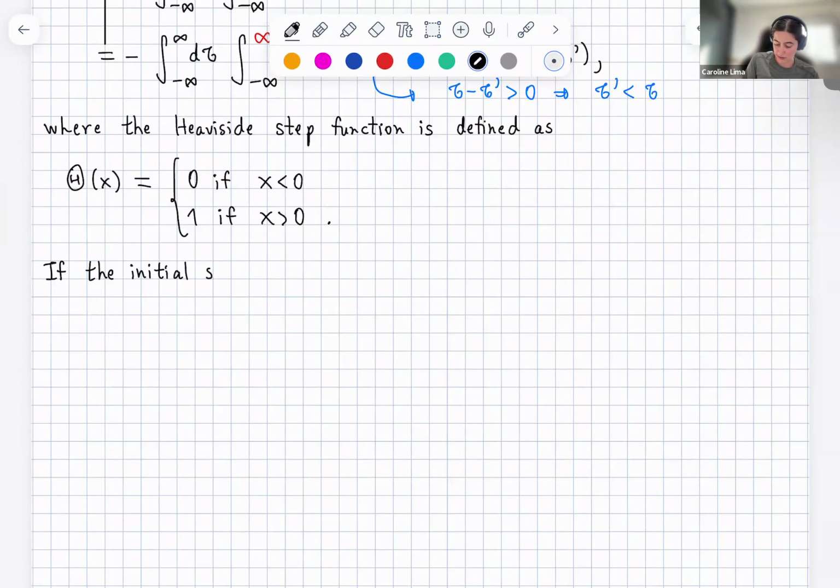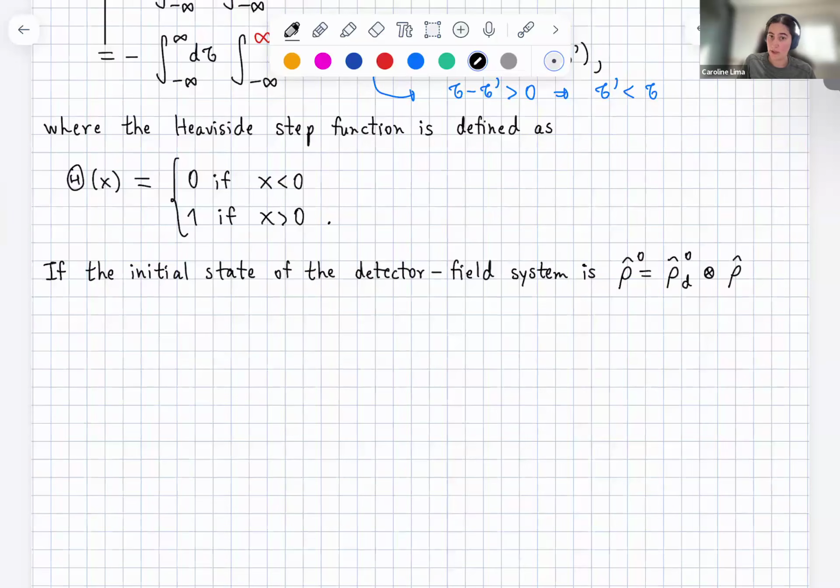If the initial state of the system, of the detector and field, is say rho 0, which is going to be some initial state of the detector tensor product with some initial state of the field. We generally assume that they are uncoupled to start with, right?